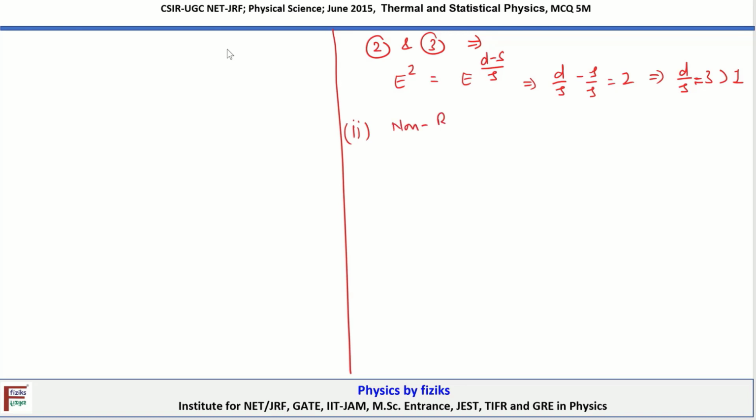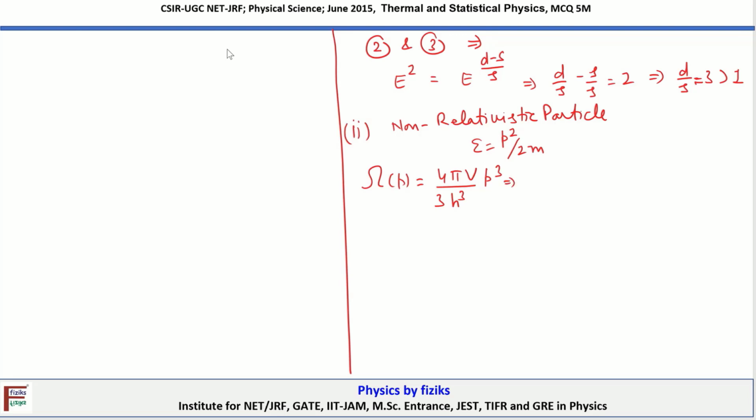For non-relativistic particle, we will repeat the same calculation. The energy is given as E is equal to P square upon 2m. So omega P is equal to 4 pi B by 3 h cube multiplied by p cube.